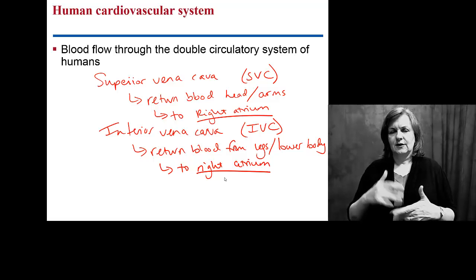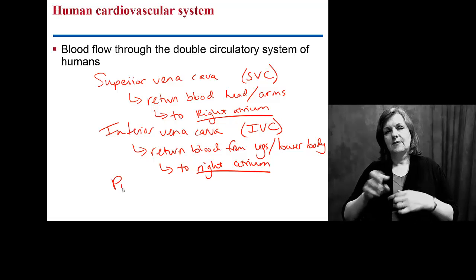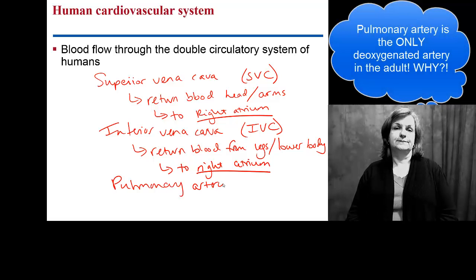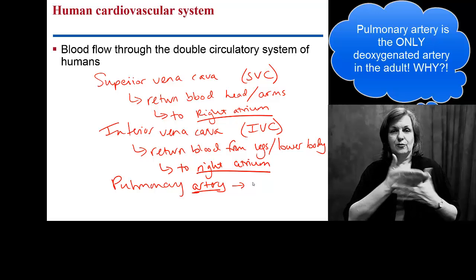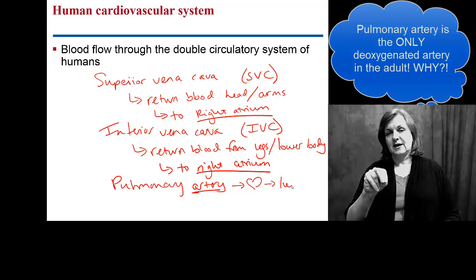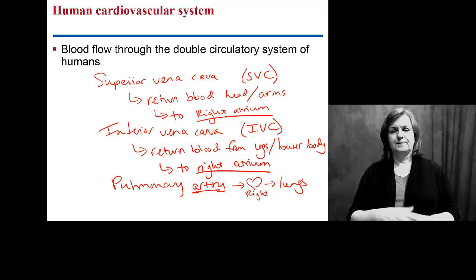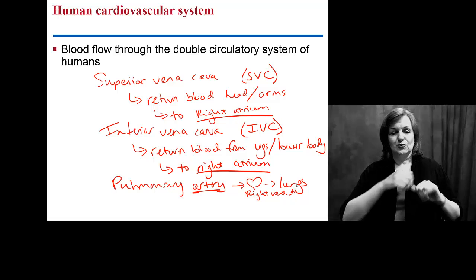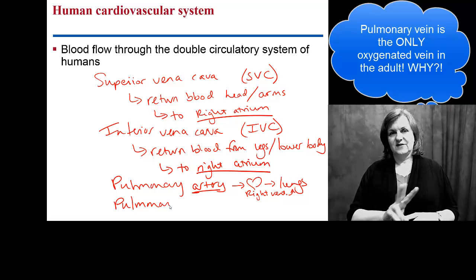From here, it goes to the right ventricle and then out to the pulmonary artery. Artery is a way, remember? So this is going to send blood from the heart to the lungs, and in particular from the right ventricle to the lungs. We come back from the lungs through the pulmonary vein.